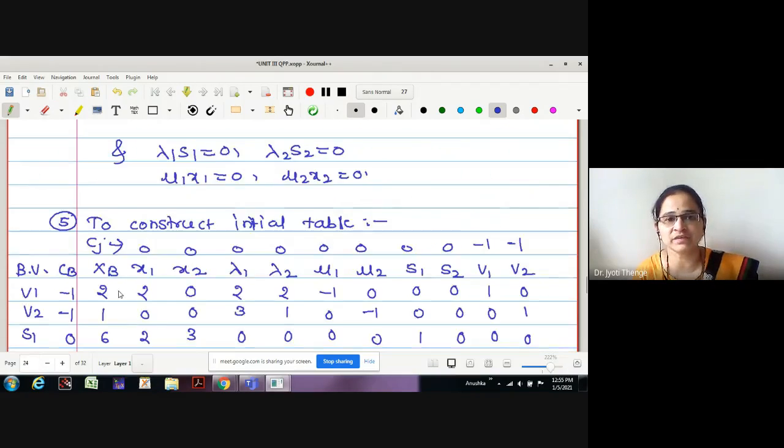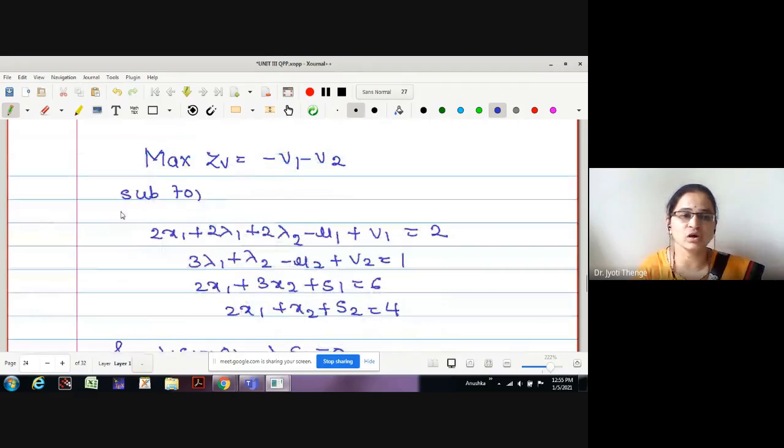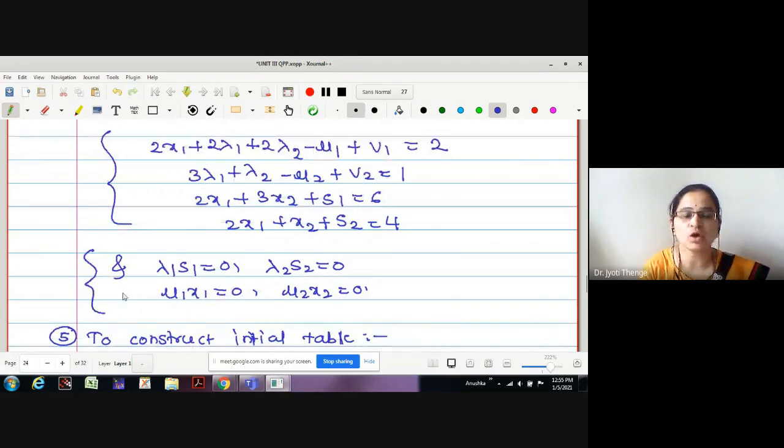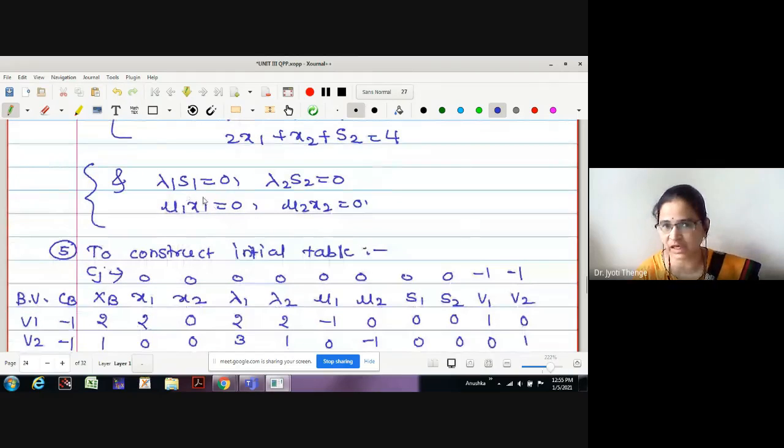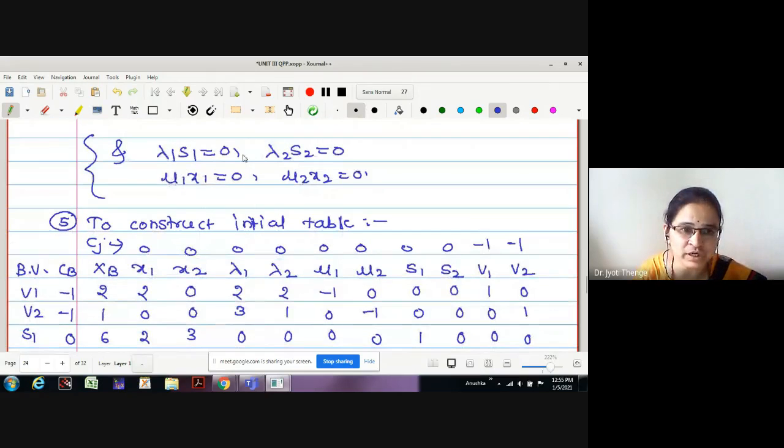But as we have discussed, while solving this system of linear equations, we have to take care of the non-linear equations. Let me explain: lambda 1 S1 equal to 0 gives us the idea that both lambda 1 and S1 cannot take a non-zero value simultaneously. One of them must be 0.